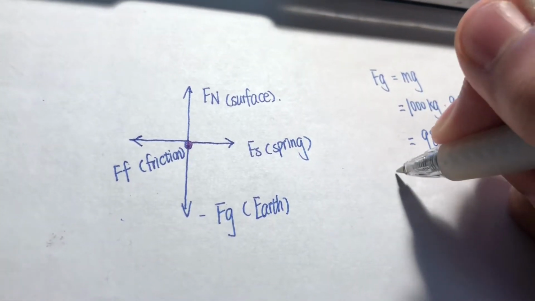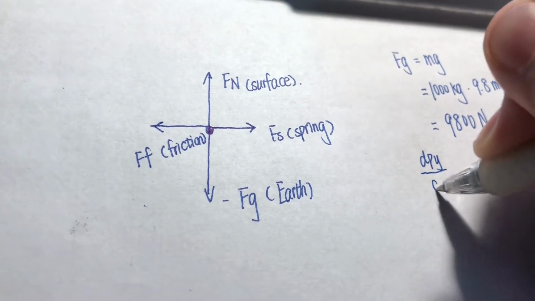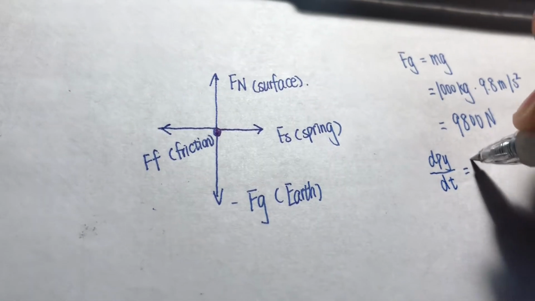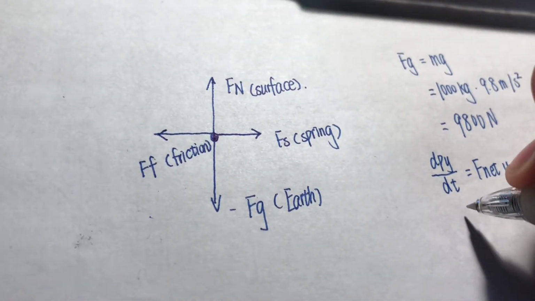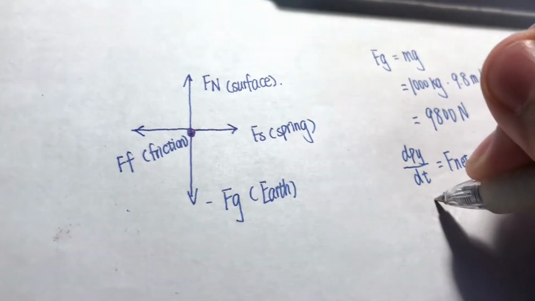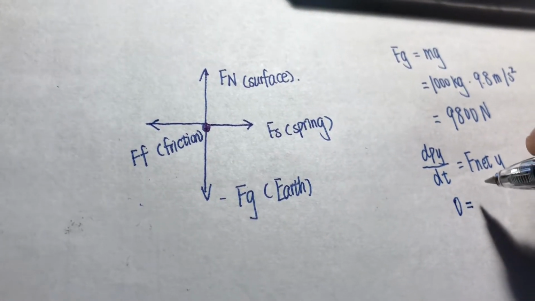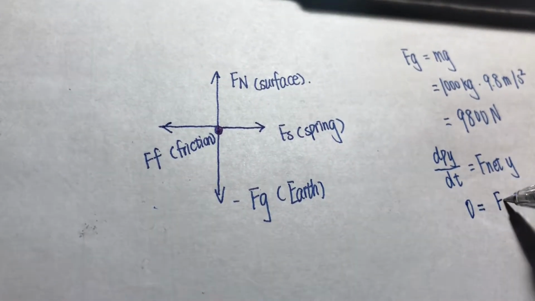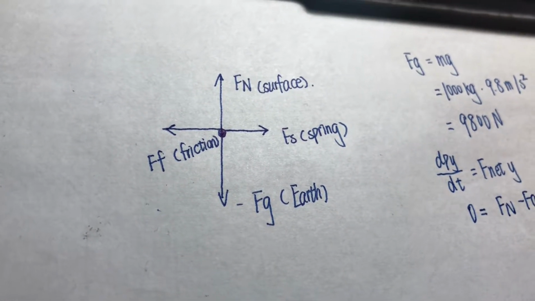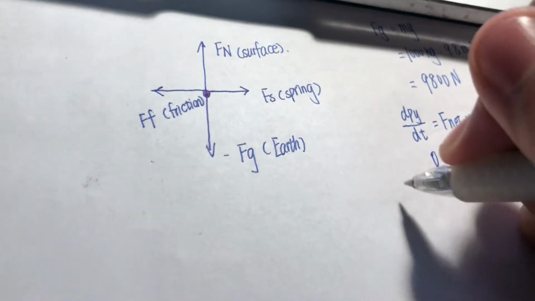And we focus on the y direction, so dpy over dt equals Fnet y. Since the left side of the equation is 0, the net force is Fn minus Fg, since these are the two forces that cancel each other out in the y direction.